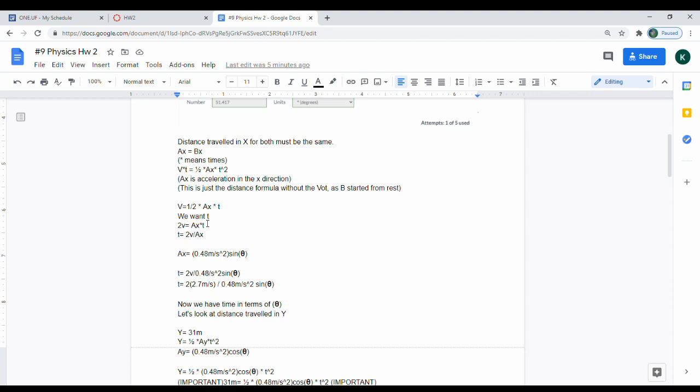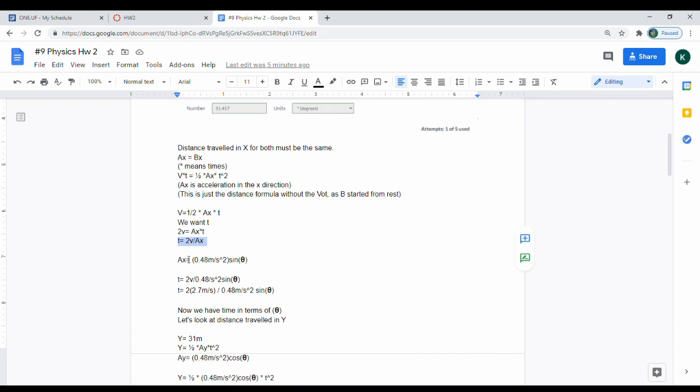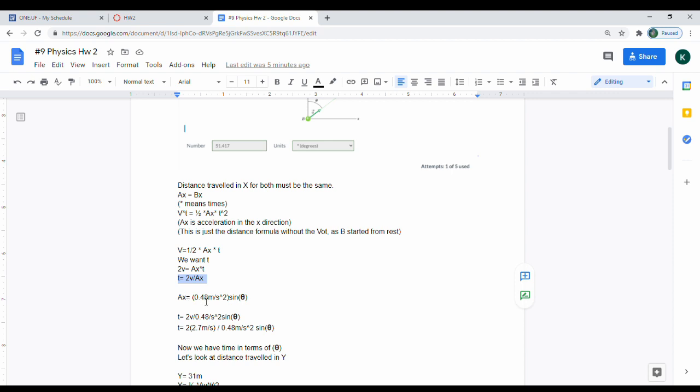To do that, first I multiply both sides by 2 to get rid of the 1/2. Then I move everything to this side and leave t by itself. Now we have the acceleration in the x direction equals 0.48 meters per second squared times sine theta.